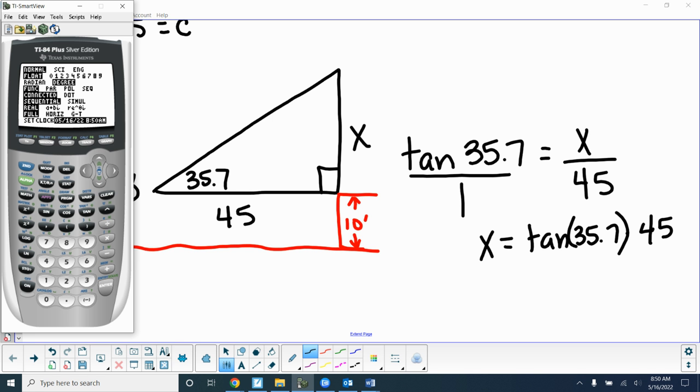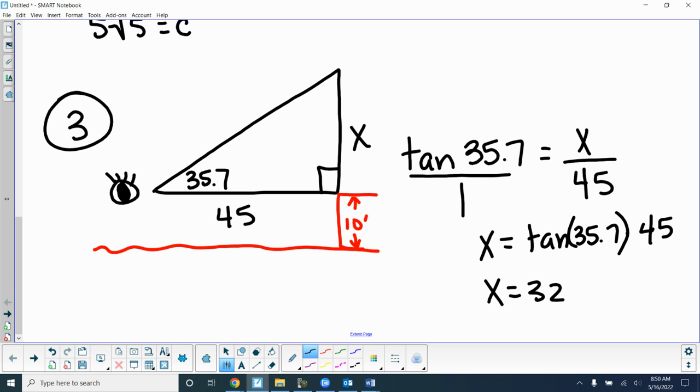It is, so I'm good to go. So I just hit the tan button, 35.7, close it up, times 45. All right, that's 32 point, we'll just go to tenths. What's it say? Nearest foot. So we'll just go to 32.